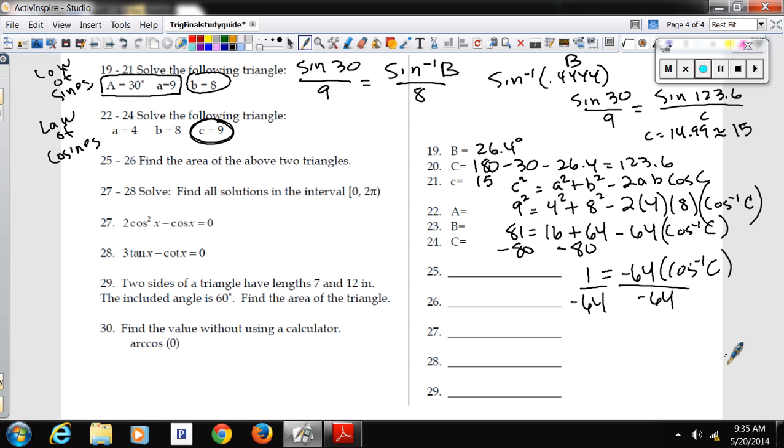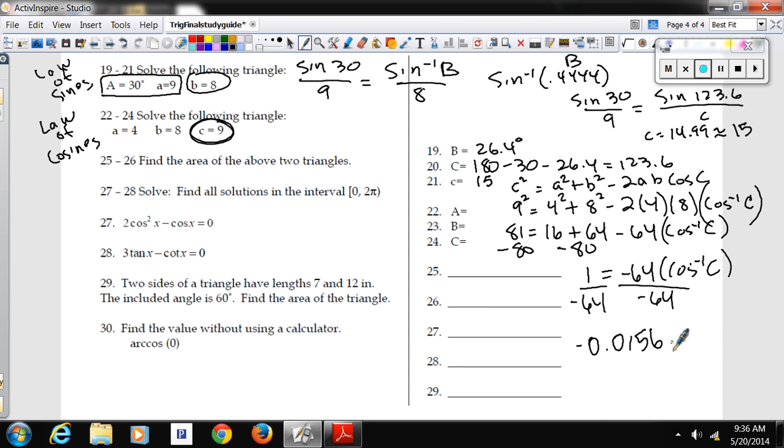So you're actually going to get 1 divided by 64, or negative actually, negative 0.0156, because it was 1 divided by negative 64.